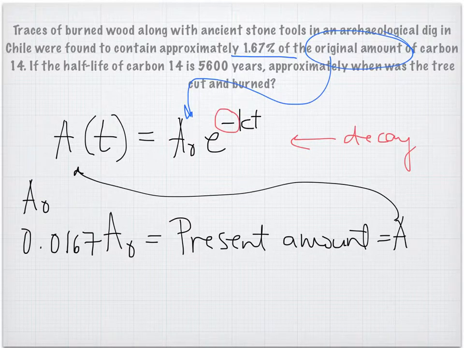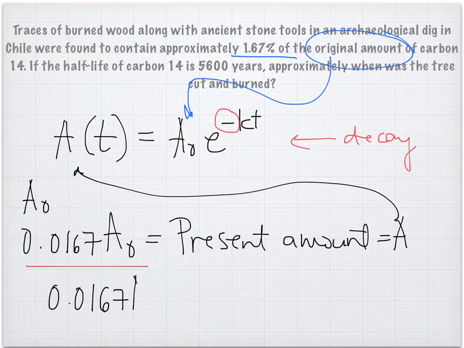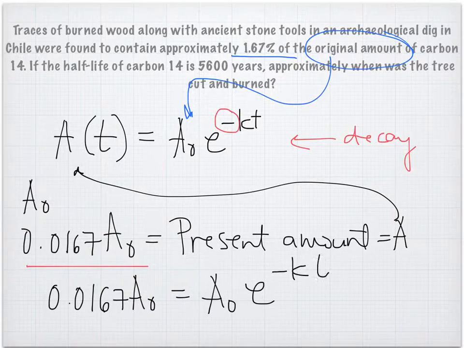So if t is the time that has passed until the amount became 0.0167 of the initial amount, then the equation that we can use is that the present amount, 0.0167 A sub 0, is equal to the initial amount e to the negative k times t.